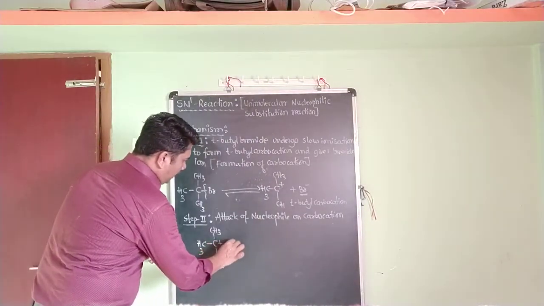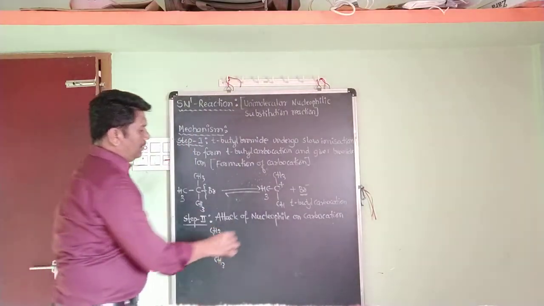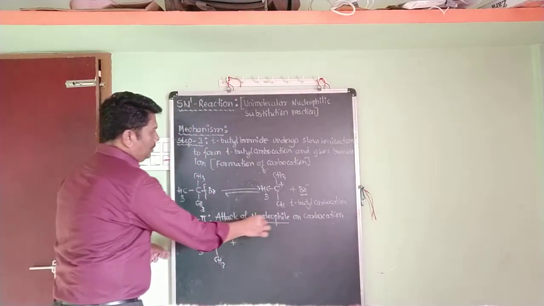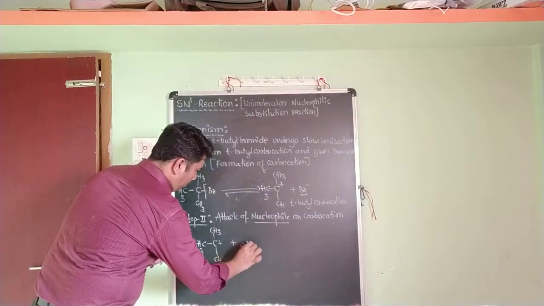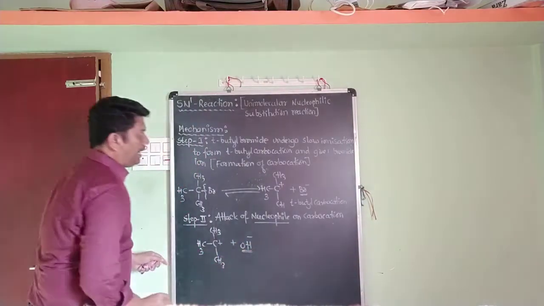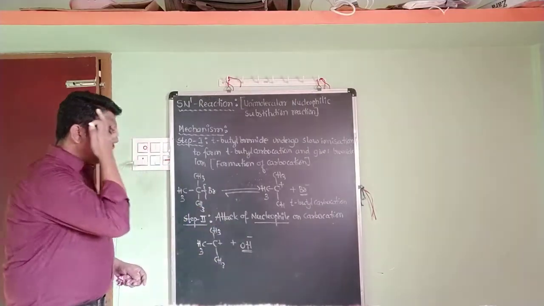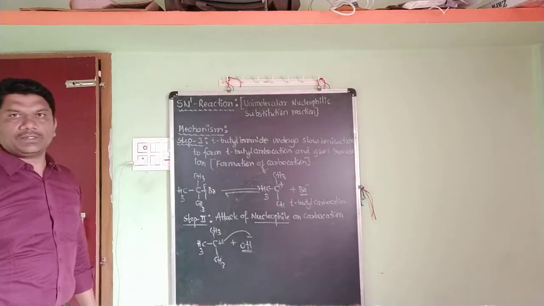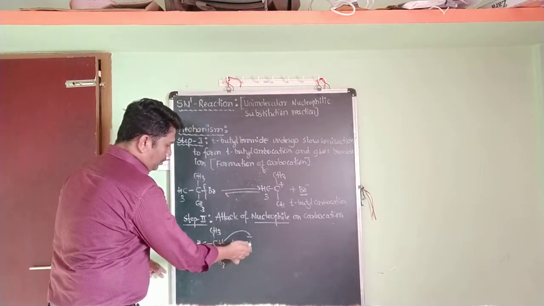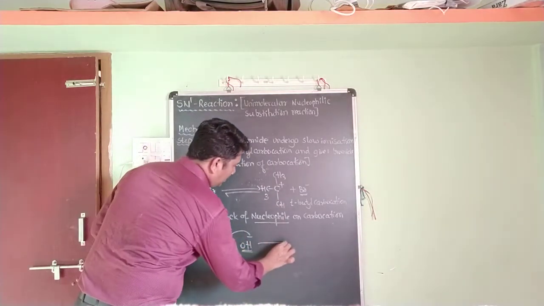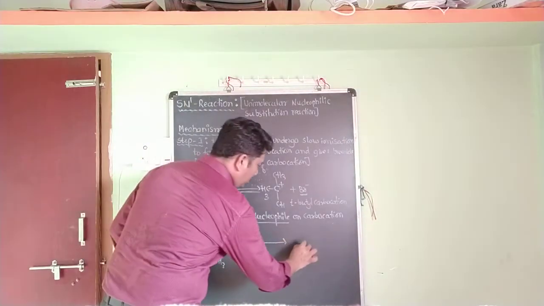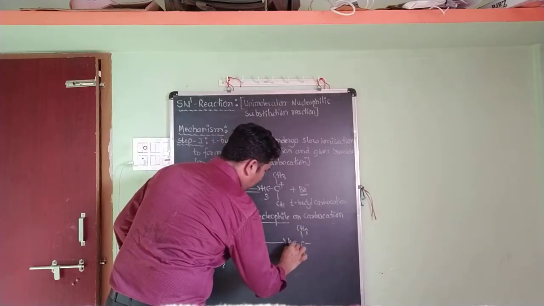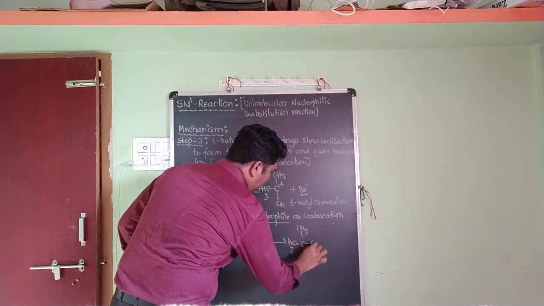To this carbocation, the nucleophile attacks. So the nucleophile is OH minus, from NaOH. The attack of the nucleophile on the carbocation takes place to form tertiary butyl alcohol: CH3, CH3, CH3, and this is OH.